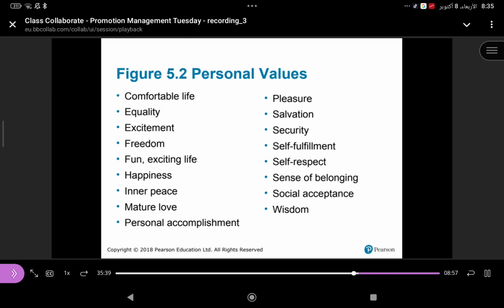Consumers first become aware of the brand. Second, consumers seek knowledge or information. Third is affective. They develop a positive interest in the product.